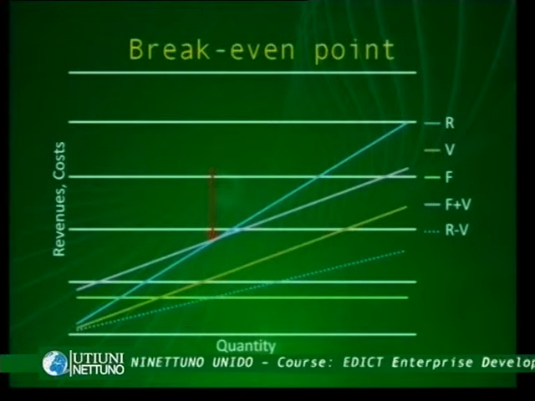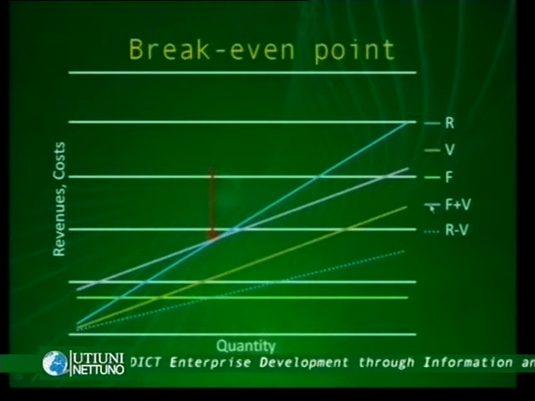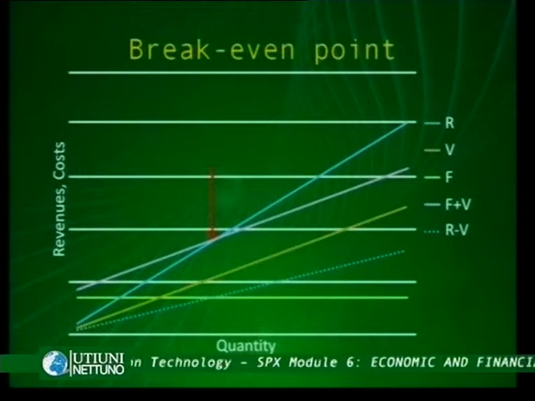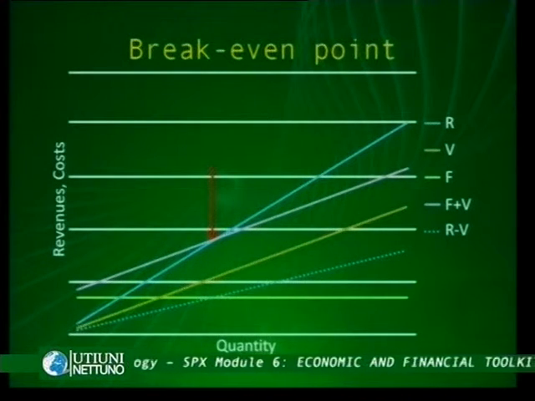Then at this point we can sum up the variable cost and the fixed cost. We obtain a new line that is the purple one, that is represented by the total cost. So this is the sum of fixed and variable costs, and represents the total of the costs that have to be sustained for the execution of the project and for the production that we are considering.